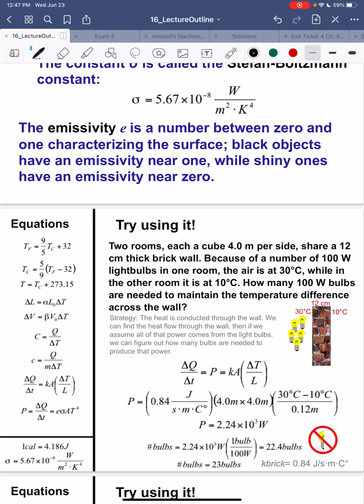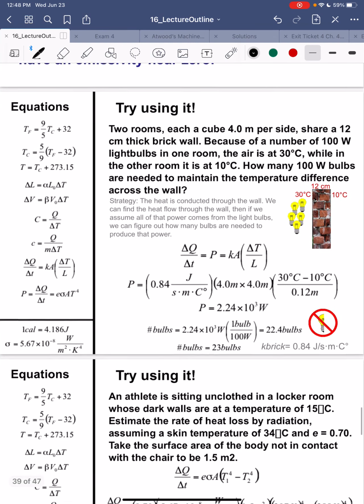Now, here we are talking about two rooms, each a cube, 4 meters per side, sharing a 12 centimeter thick brick wall, because of a number of 100 watt light bulbs in one room. The air is at 30 degrees Celsius, while in the other room it is at 10 degrees Celsius. How many 100 watt bulbs are needed to maintain the temperature difference across the wall?